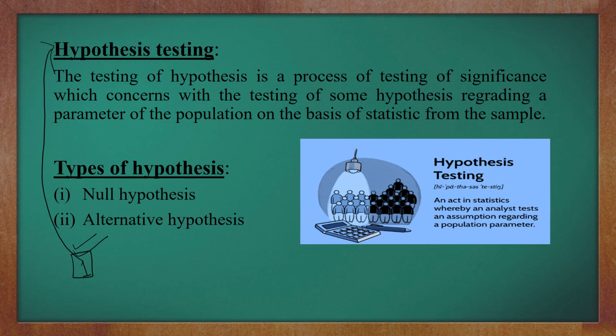For example, you are saying that this year my company's sales will be more than 50 lakh. Now you have given a random statement, that is called a hypothesis. But now you want to check whether my hypothesis will be true or false. Whatever I am saying, will it definitely happen or not, will I reach this target, will my statement be correct or not.